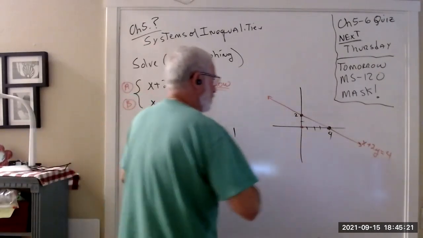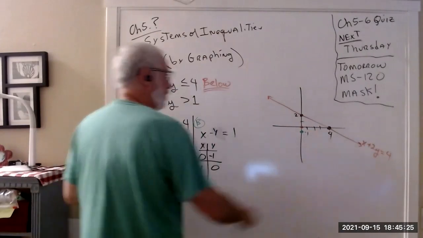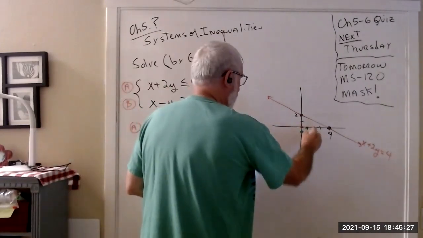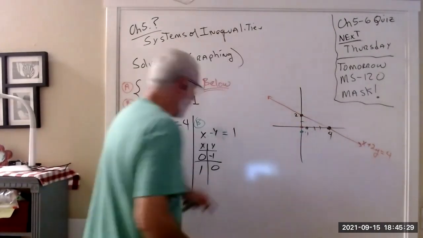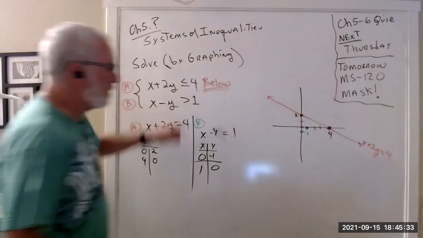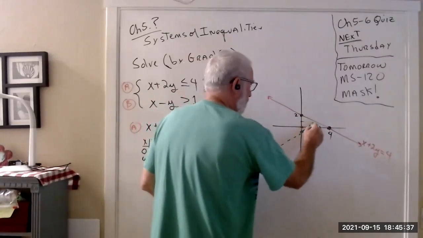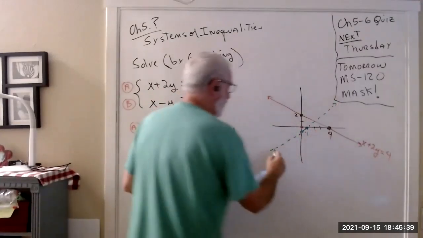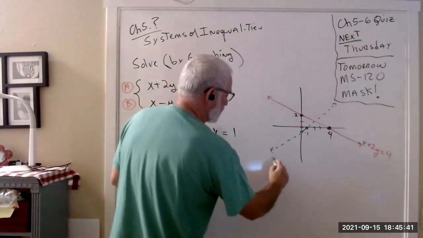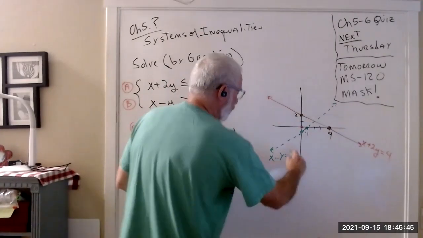So we have 0, negative 1, which is right here. And we have 1, 0, which is right here. So I can see a line being formed. But this time, because it's greater than, I use a dotted line. And again, the line itself is x minus y equals 1.